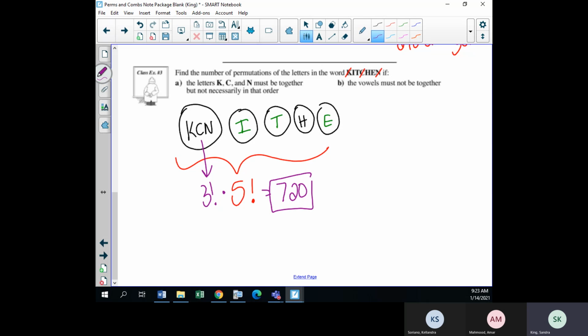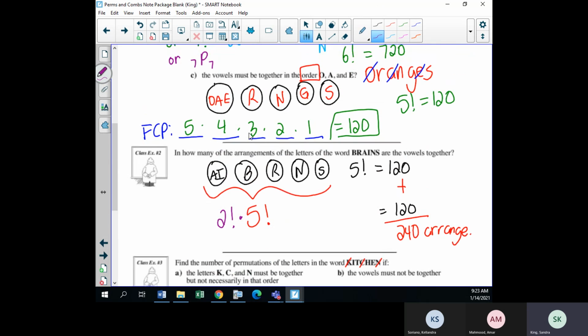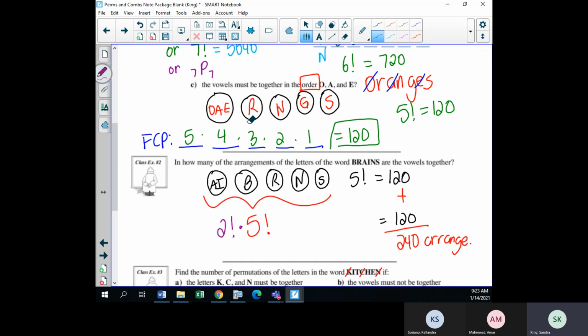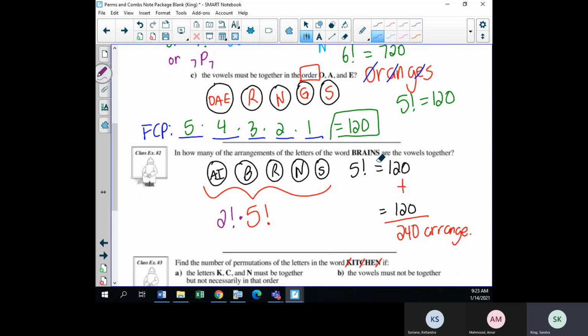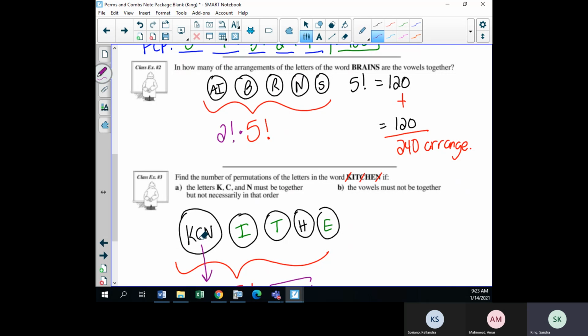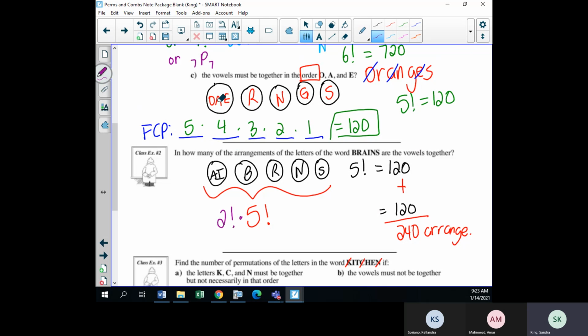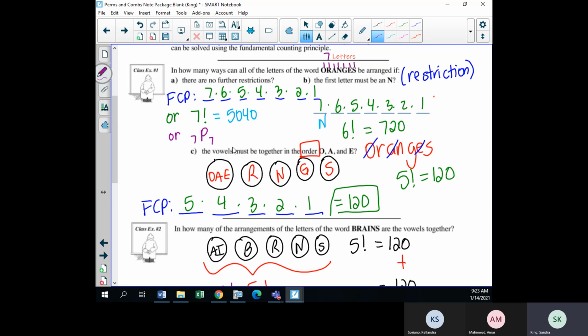Okay, so on study sheets, you're going to put brains, and you're going to show that there are 2 different letters that could be arranged, so 2 factorial, 5 factorial. Then you're going to put kitchen, and that was showing you 3 different letters, not in any order. And then what word was this?